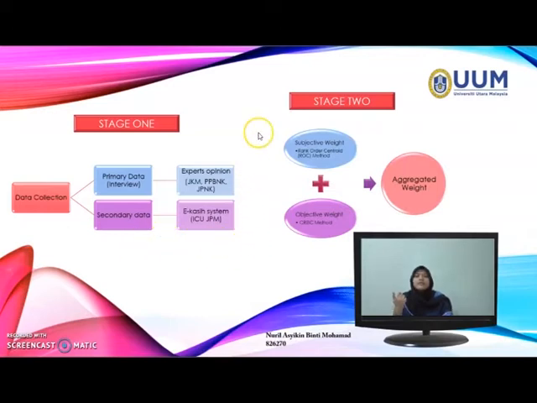Next, we move to the second stage. The second stage is determination of criteria weight for each poverty indicator. In this study, the aggregated weight will be computed by combining both the subjective expert's opinion and the objective data-driven values, which will balance both perspectives of evaluation.